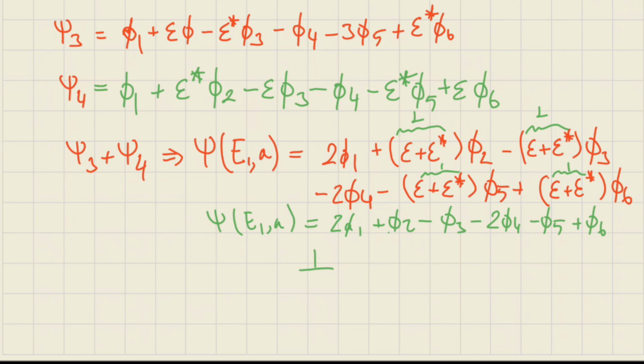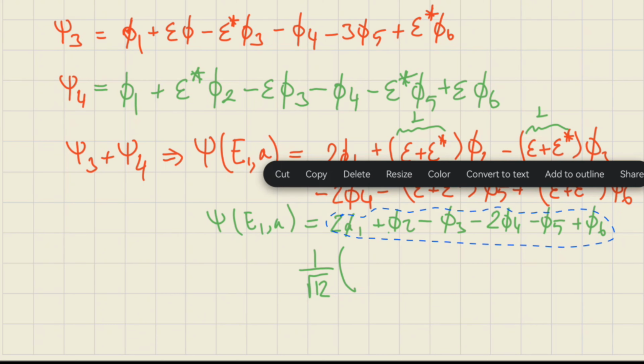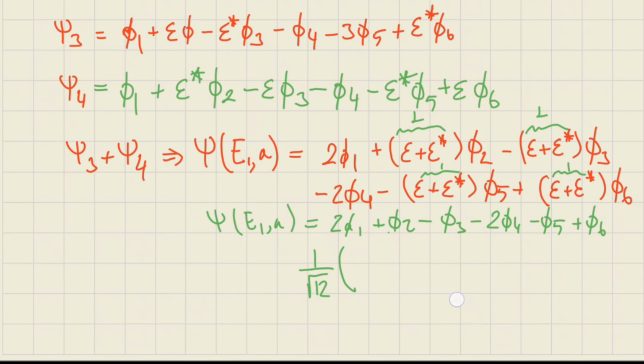So 1 over square root of 12 times my wave function. So this is our normalized wave function.